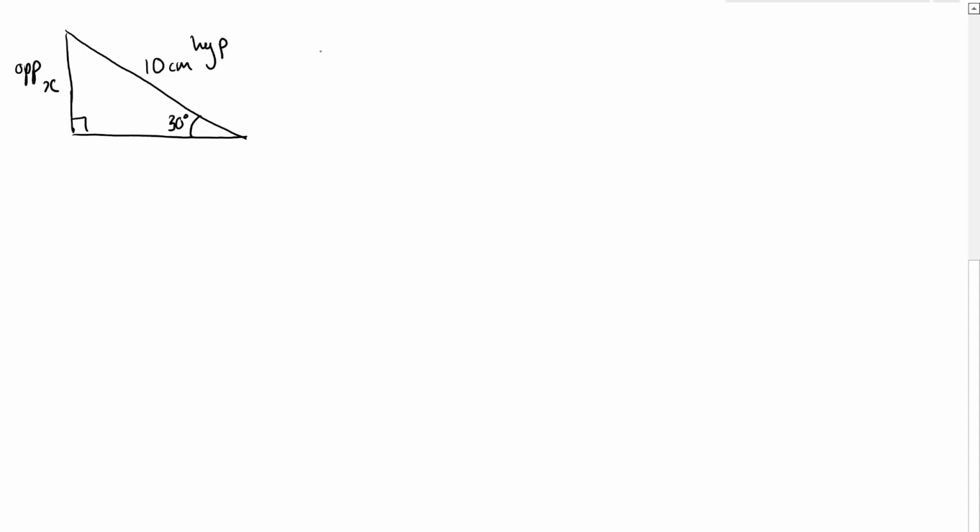Now, remembering all three formulas and writing them out every single time you do a question is going to be long and probably not easy to memorize. An easier thing is using this tool, which is SOHCAHTOA.